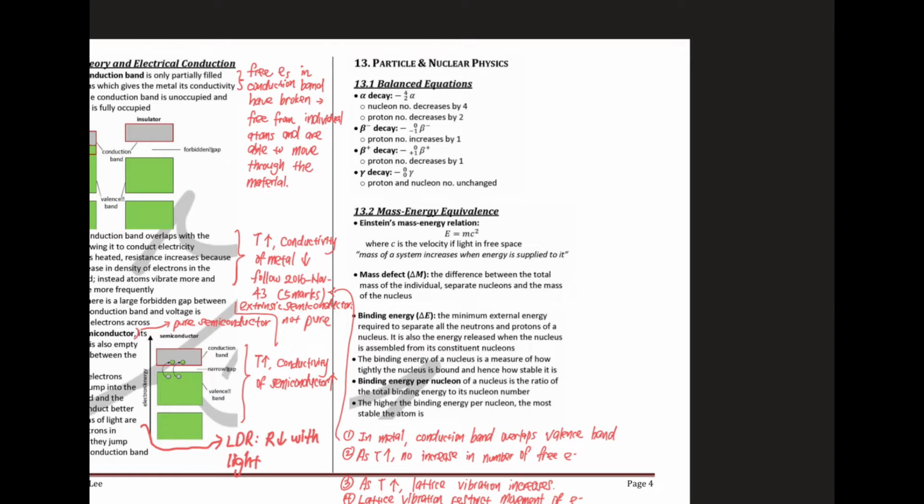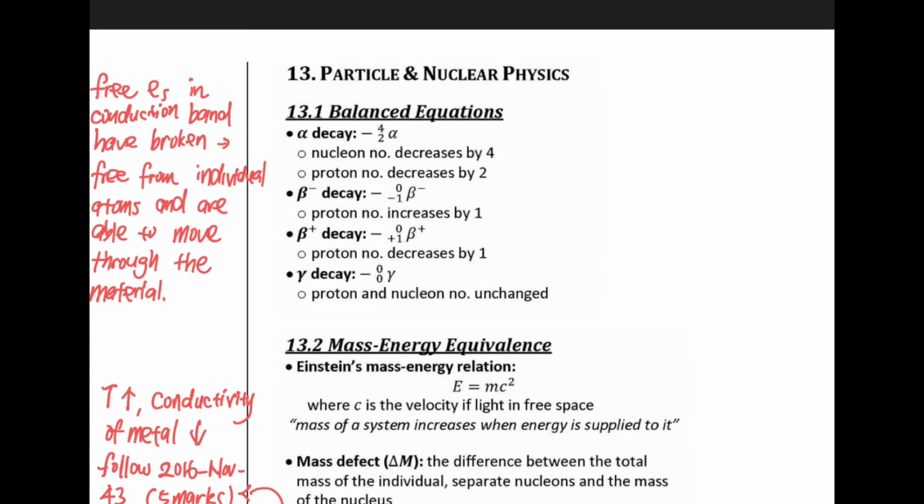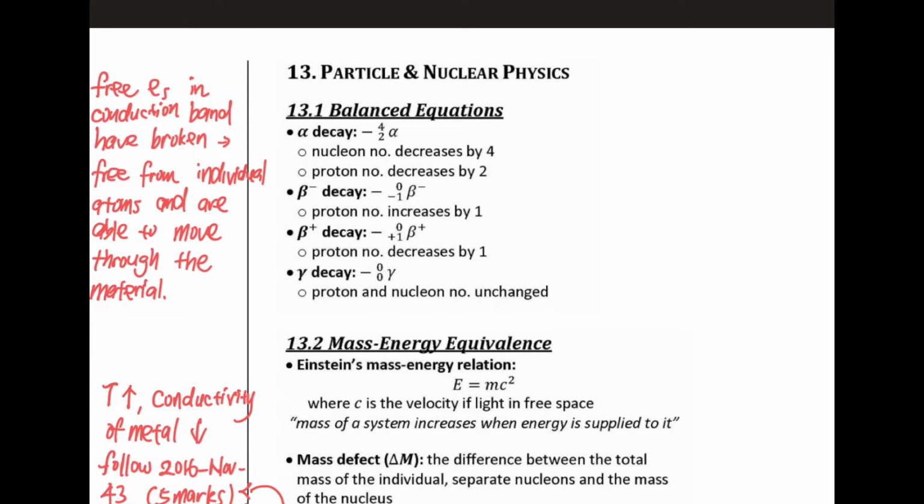Okay. So let's see. We have alpha decay. So alpha decay, of course, that is the 4-2 helium nucleus. 4-2 helium 2 plus. So this is alpha particles.